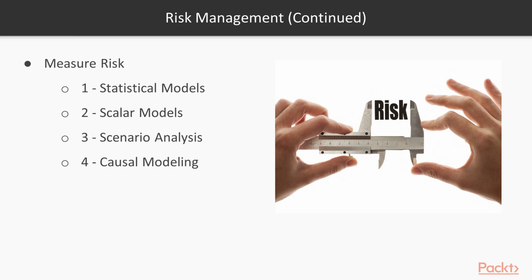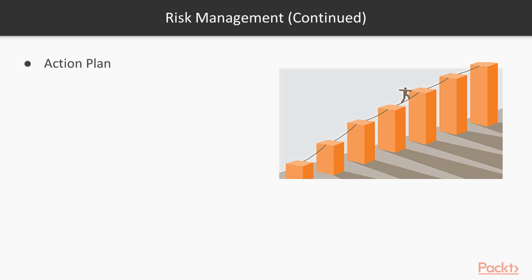We should be very familiar by now with the statistical models, as we have seen them together in many applications based on the work we have done in the previous sections. We now introduce the final step in the process of risk management, which is the action plan. So what should you do when the limits or the boundaries of your strategies have been breached?